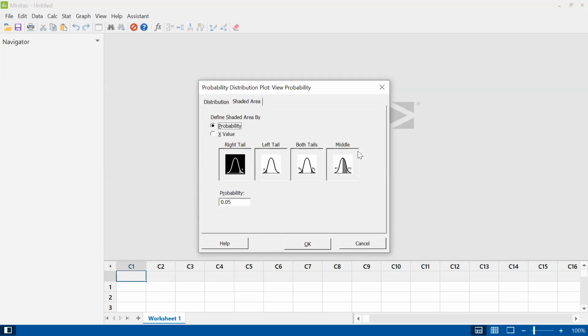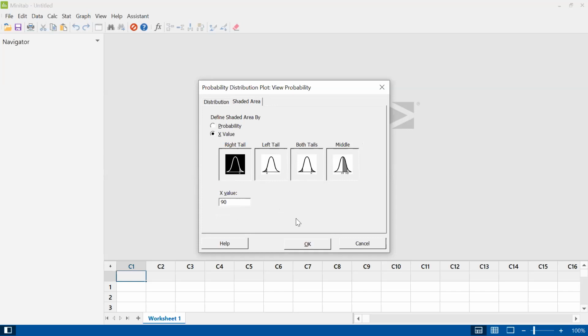So we flip over to shaded area. The first question said, what is the probability that the average is over 90 points? So we're trying to find a probability. We don't know the probability, we know the X value. We're going to use a right tail because we want over a certain line, and the line we want over is 90. So what is the probability that we're over 90?